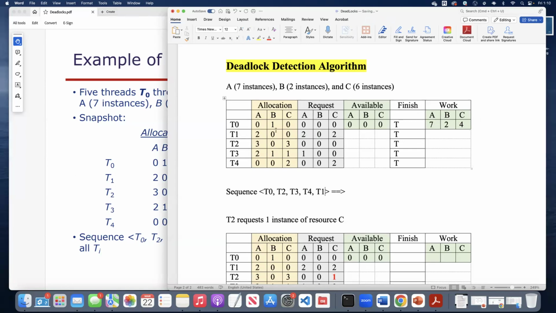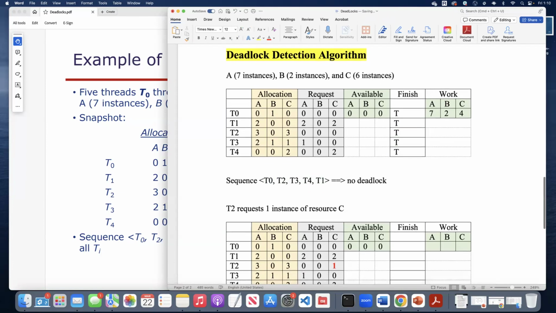Okay, now after this deadlock detection algorithm, we can see that all these threads can finish if they execute in this order. So there's no deadlock. No deadlock.